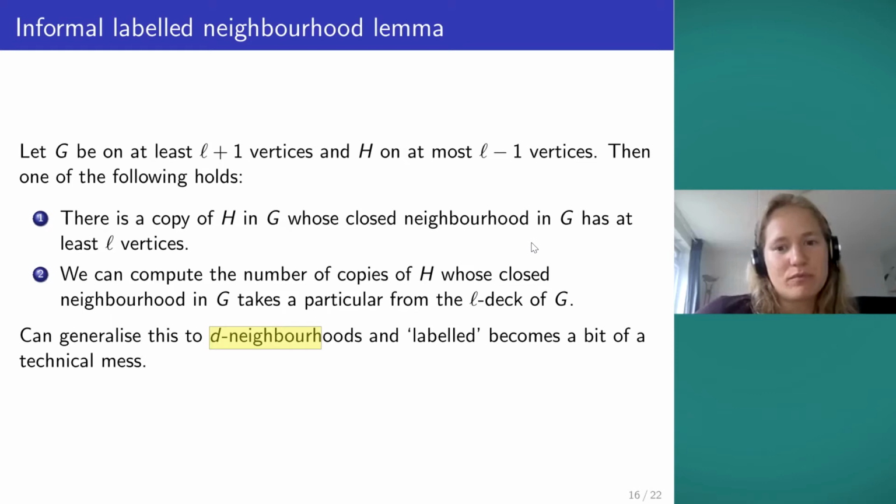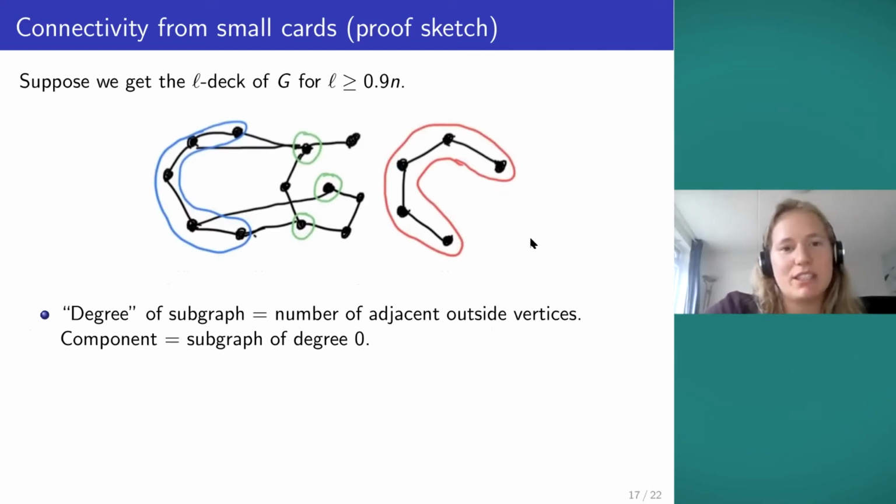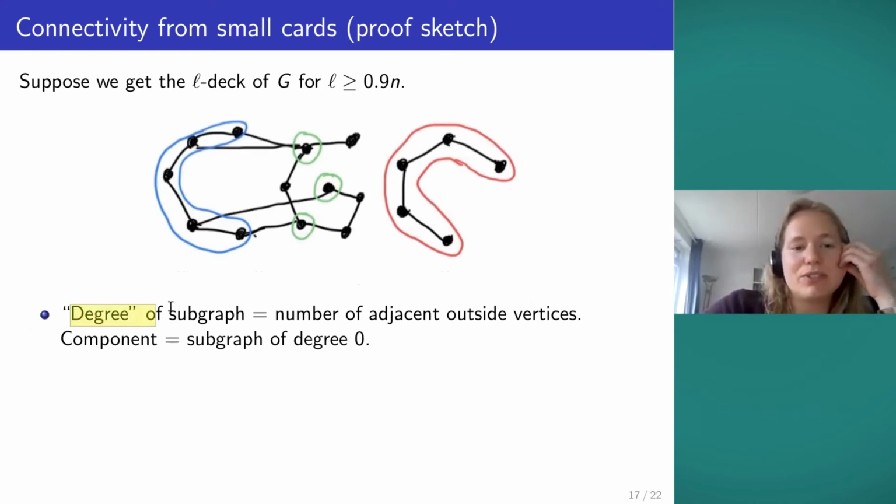And I just wanted to mention one more sort of counting type result that we can get. These are the two counting results I mentioned before, there's Kelly's lemma, and there's one other type of counting that we've done for this problem of recognizing connectivity. In this case, this is a way of counting degrees of a component.